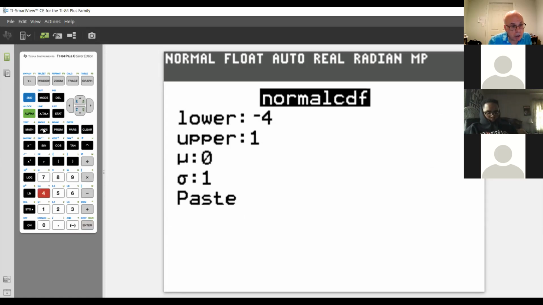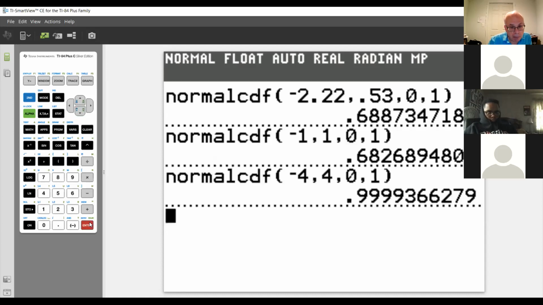Negative 4 and positive 4. Practically 100%, 99.99%, the area under the curve. So when we get that far away from the mean, almost the entire curve is between those two values. All right, everybody good with that?